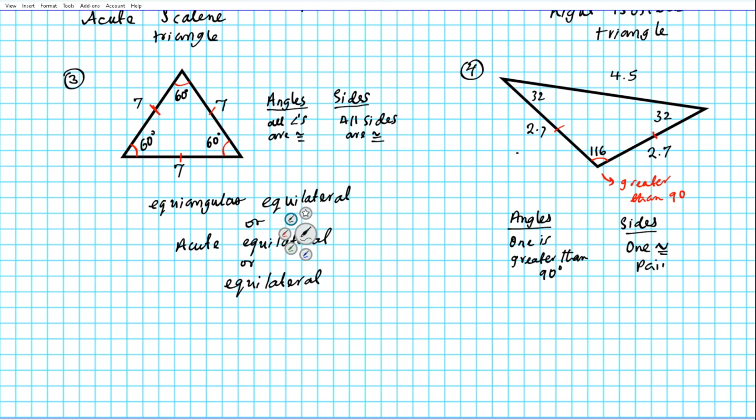Okay? So if one angle is greater than 90 degrees, it's called an obtuse triangle. And if you have one pair of congruent sides, just two sides that are the same, it's called isosceles. So this triangle is called an obtuse isosceles triangle.